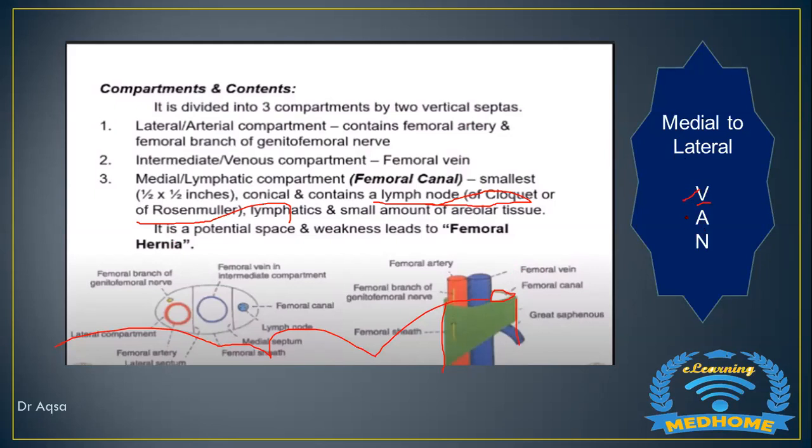In the middle is the artery, and the nerve, the femoral nerve, is the lateral part. So vein will be the most medial, artery will be in the middle compartment, and the nerve will be the most lateral.